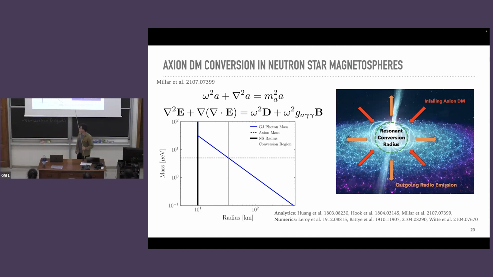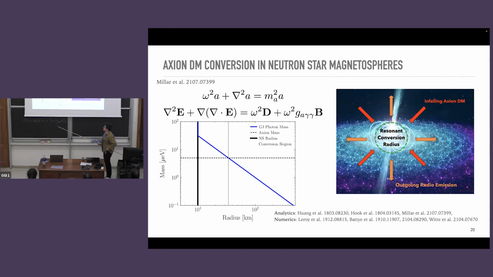Good, but basically the point here, so Malte's already told you that axions are able to convert to photons in the presence of magnetic fields. But what does that process actually look like? Well, we can start with Maxwell's equations, we can couple it to a Klein-Gordon equation, and then we can identify the part that's relevant for that conversion process in the presence of a magnetic field, and it looks something like this and this.